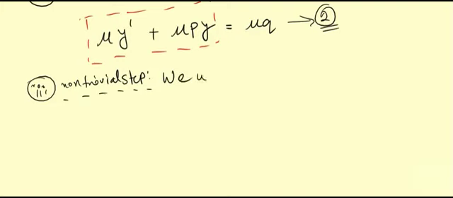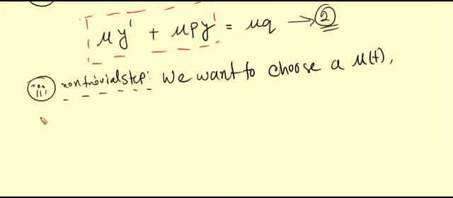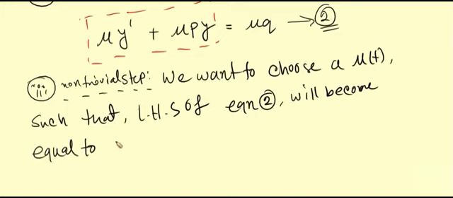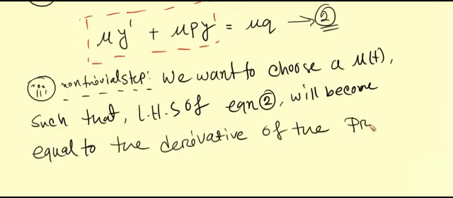So we want to choose a mu of t, or mu, whatever you want to write over here, such that this left hand side, that is the left hand side of equation 2, will become equal to the derivative of the product mu y.